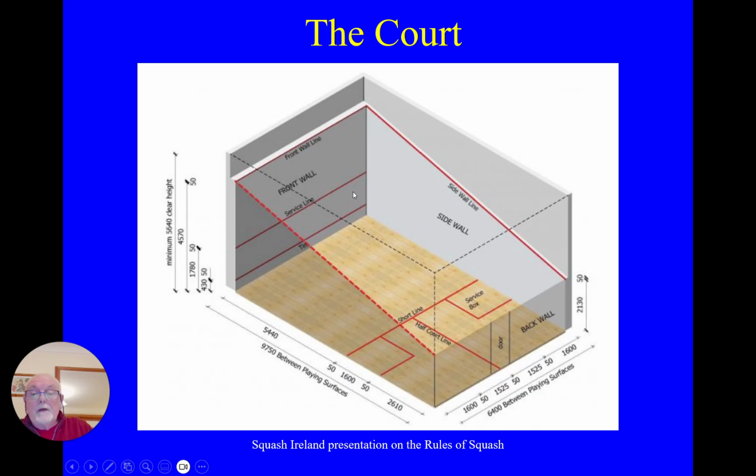All of these lines on the court are 50 centimeters in depth. And on the bottom of the front wall we have the tin here, which comprises the tin itself and the 50-meter board just above it, collectively referred to as the tin.